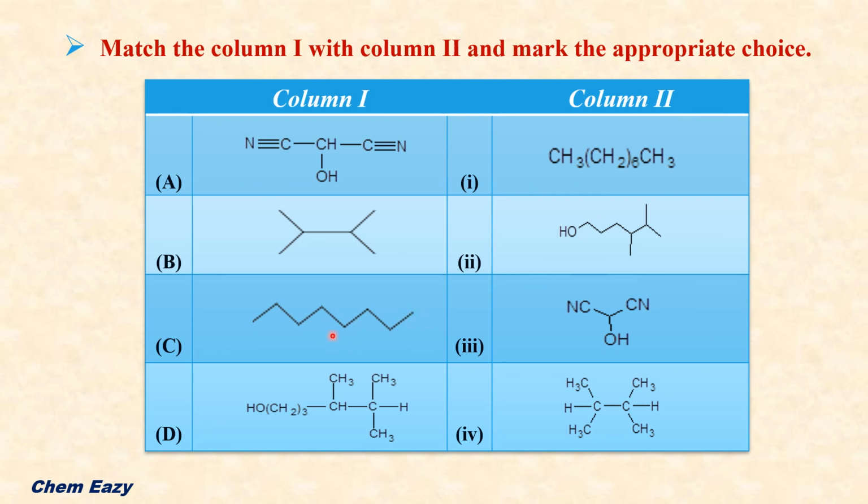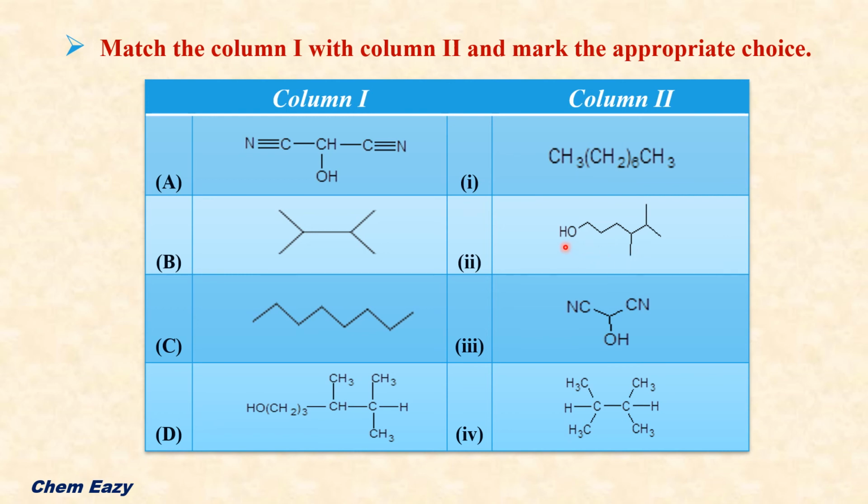So CH3, CH2 6 times, CH3. So this structure C matches with structure 1 of column 2. So C with 1. And the last one is this condensed structural formula D. This one matches with this structure 2.